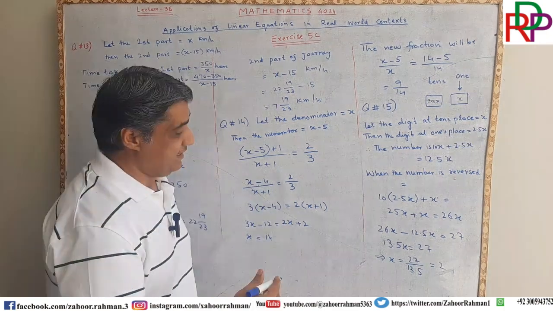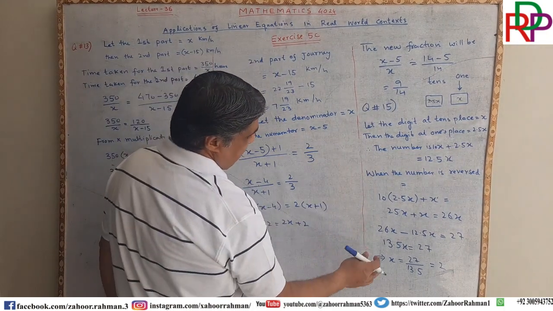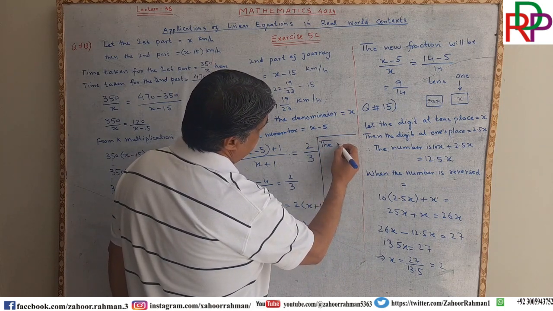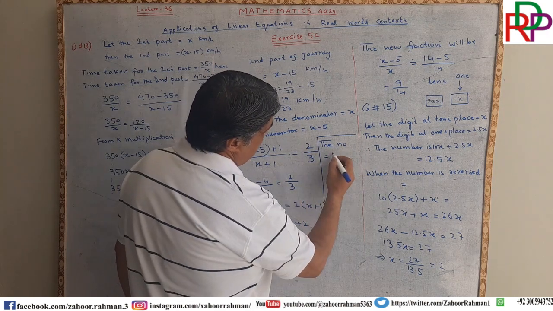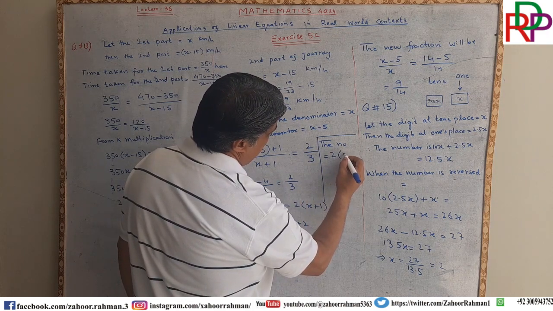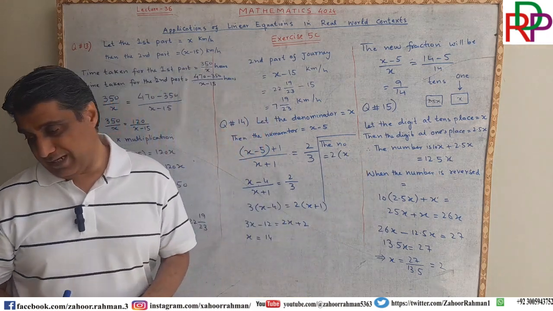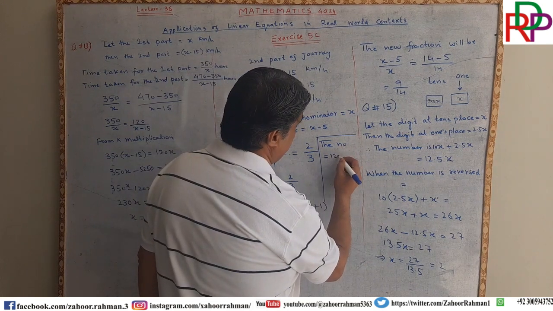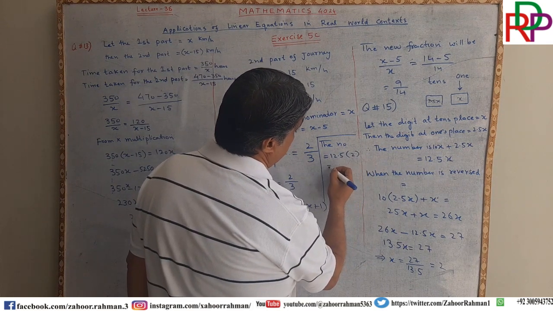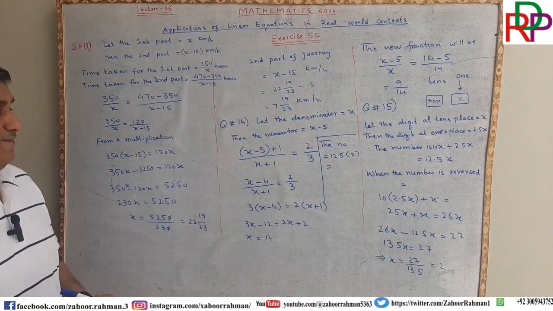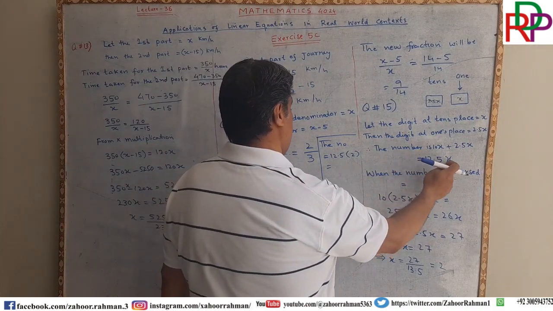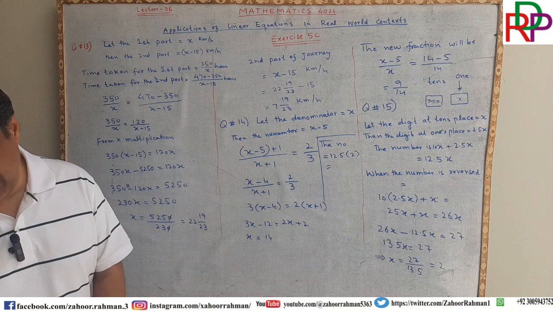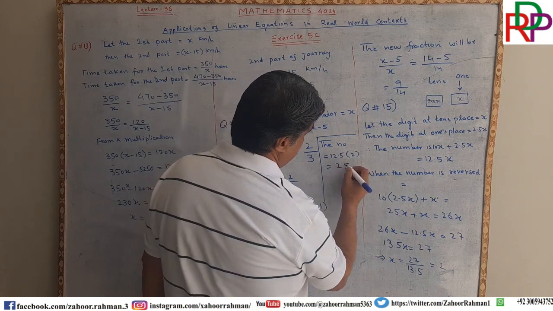Now we have to find the number. So I am writing this here because we don't have the place there. So the number is equal to 12.5 into x, that is 12.5 into 2, and when we multiply it, it will be equal to 25.